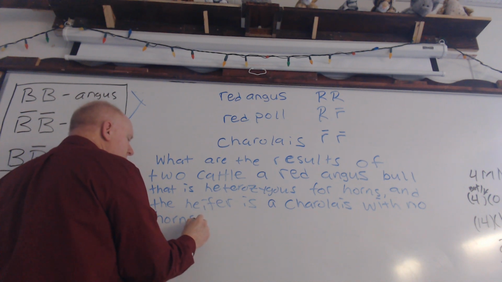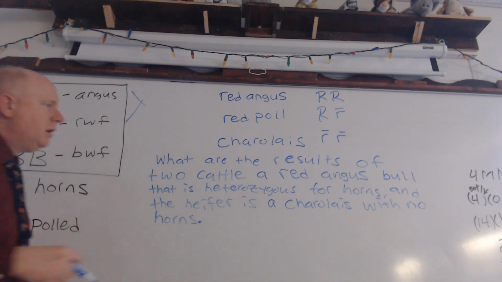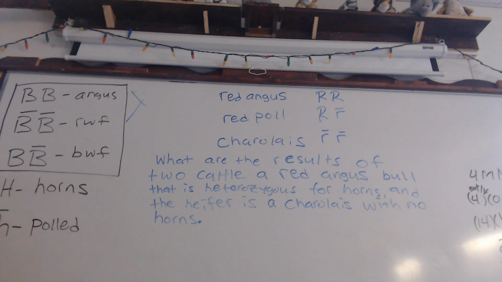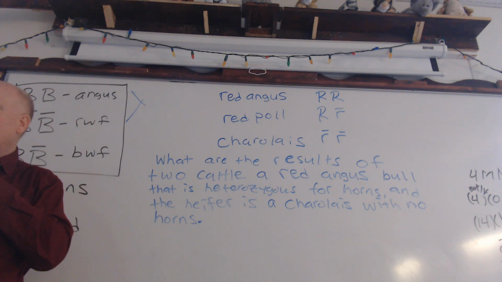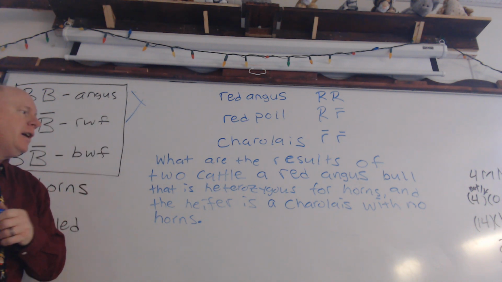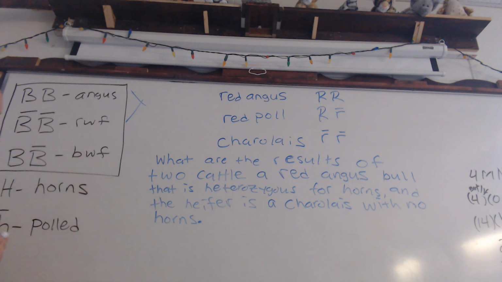So we want to do just the phenotype for this. And this is an incomplete dominant cross, not codominance. We're going to have all capital letters for coat color. Here, you just have a mixture in between the two. That's why we call that incomplete dominance.